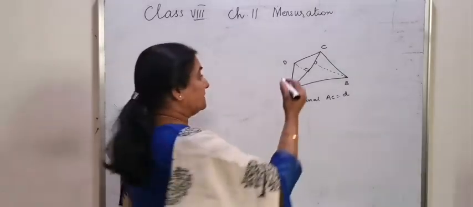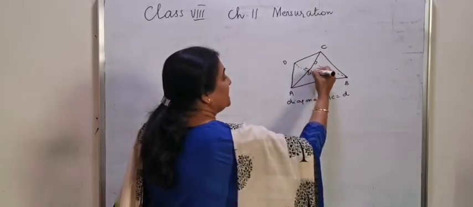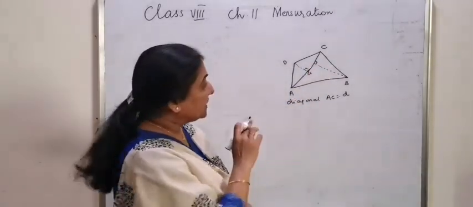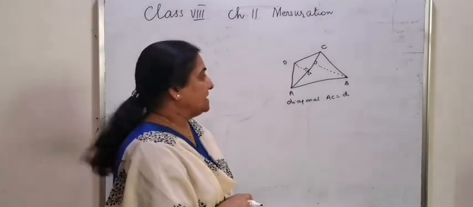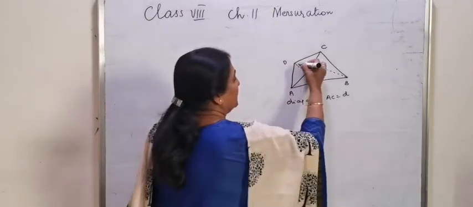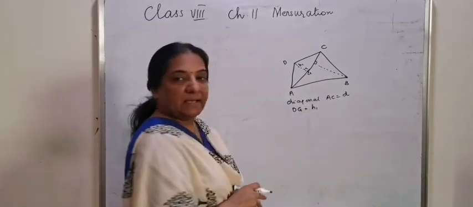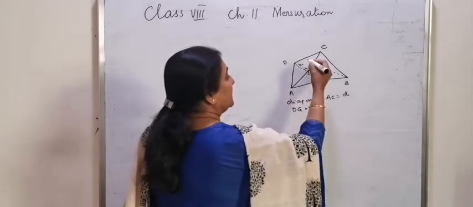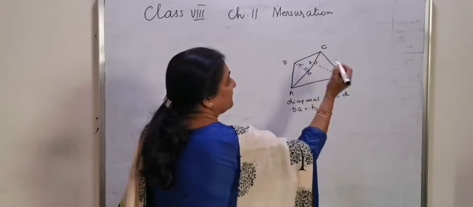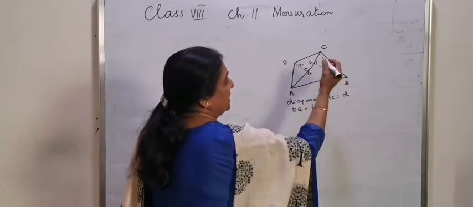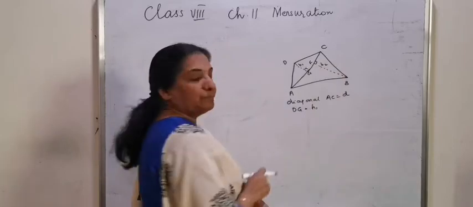Let's call the perpendicular DG from the vertex D to AC as h1. Let DG represent h1 and the perpendicular BF from the vertex B to AC as h2.